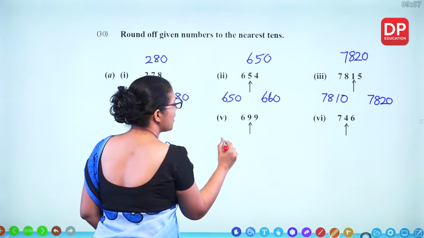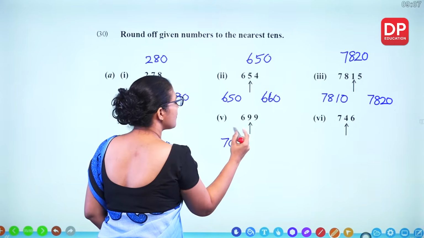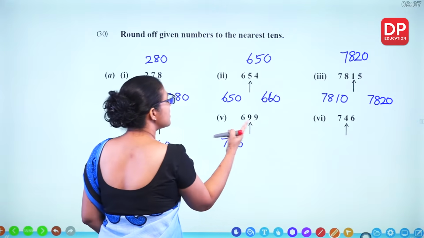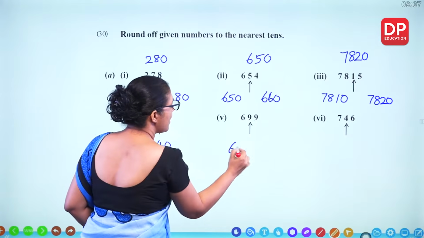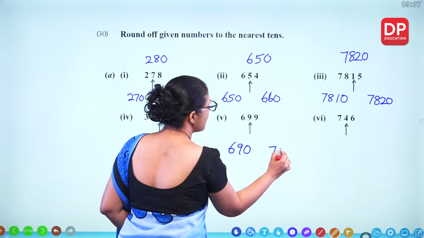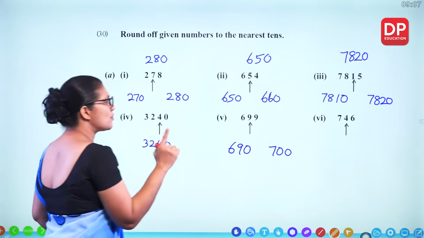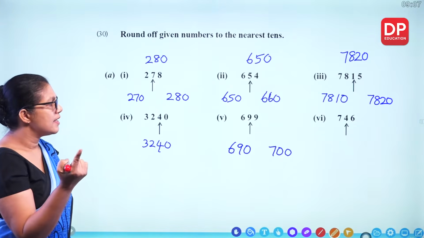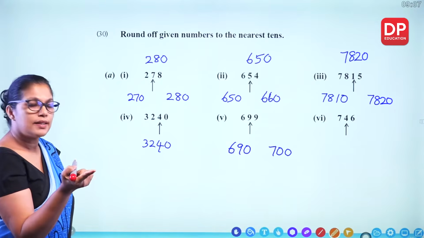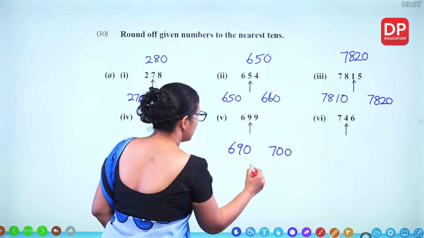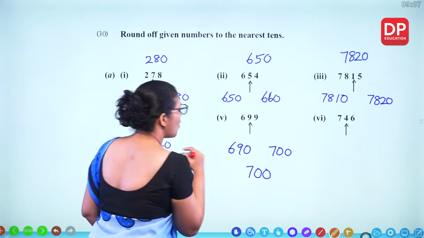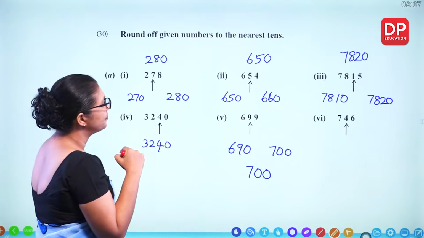That means 700. And if this is 90, then 690. 690 or 700, which one is closer? 99 is towards the 100 side. So 700 is the rounded value.